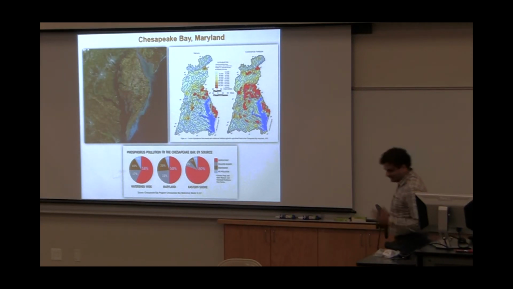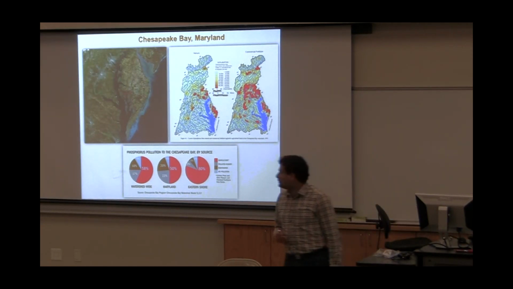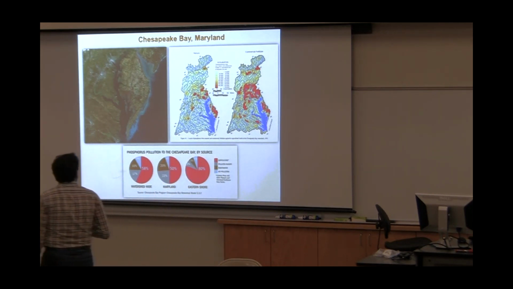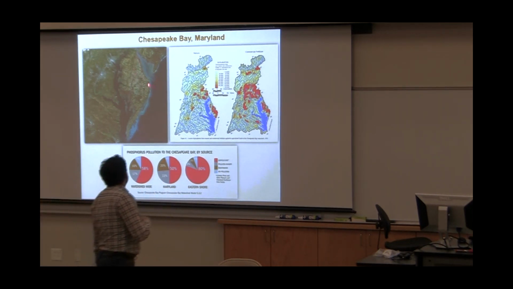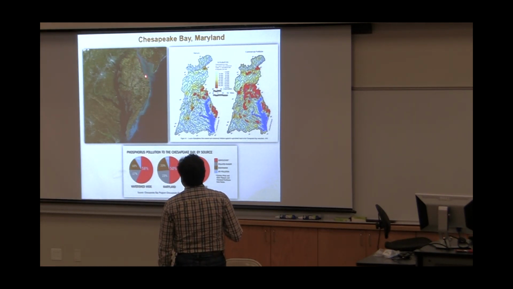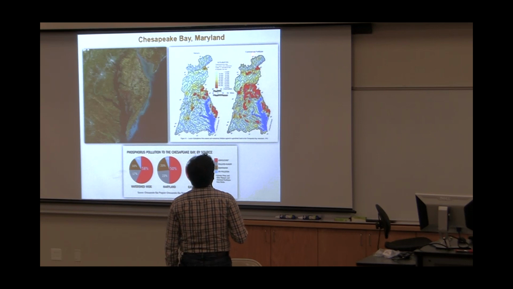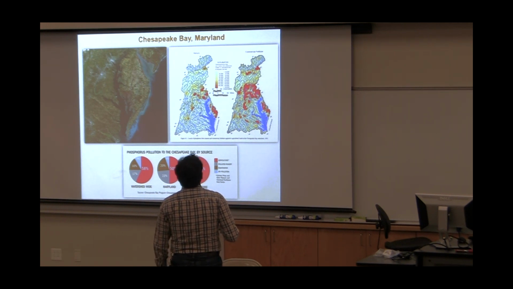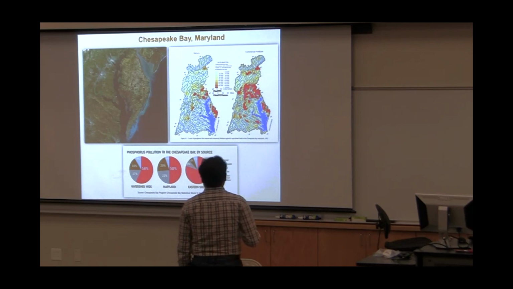There are several examples, but two important ones. One is the Chesapeake Bay in Maryland. Here we can see the satellite image, and we can see the algal blooms and eutrophication sites. This is for manure, and this is for commercial fertilizer, and these are the sites heavily contaminated with excess phosphorus. About 180,000 kilograms of phosphorus are deposited every year.